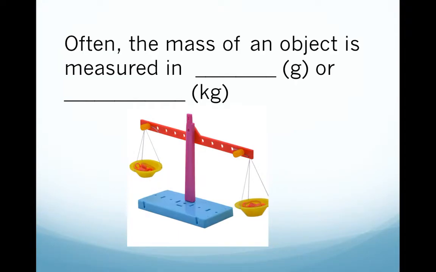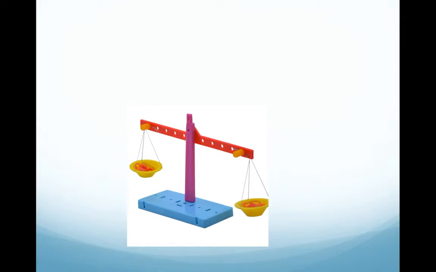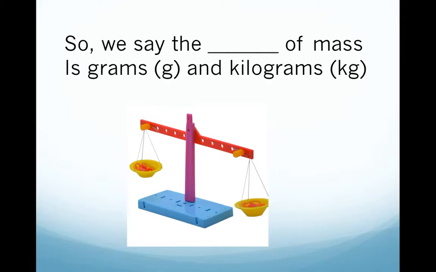Often, the mass of an object is measured in g or kg. What is g? Grams. Or kg, kilograms. So, we say the unit of mass is grams, g, and kilograms, kg.